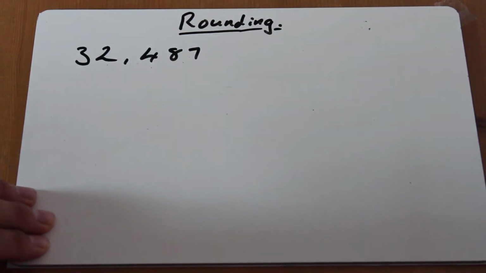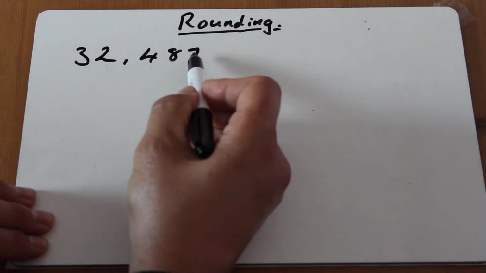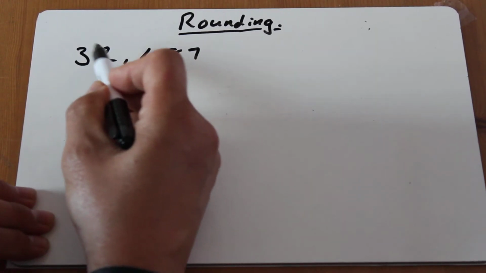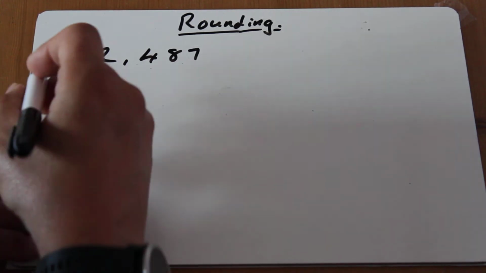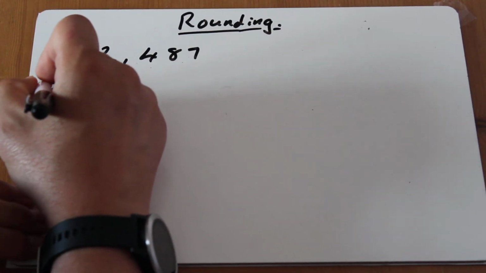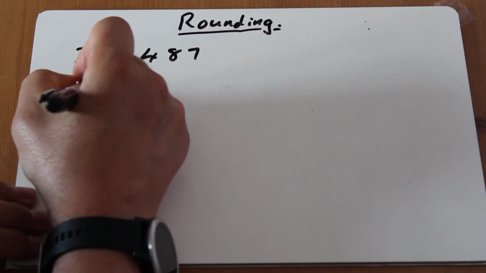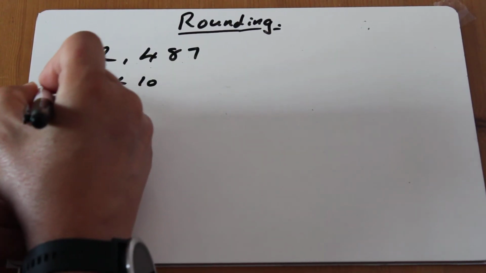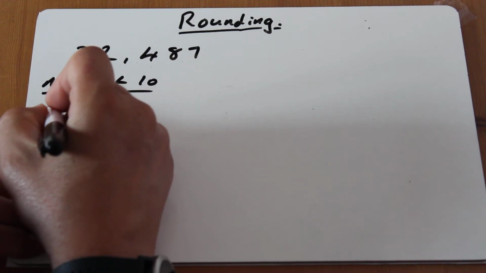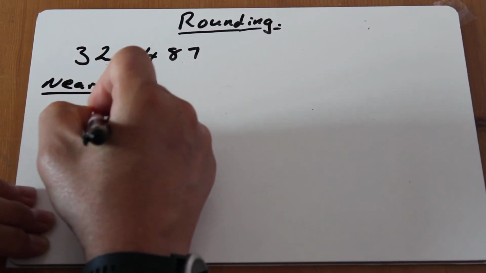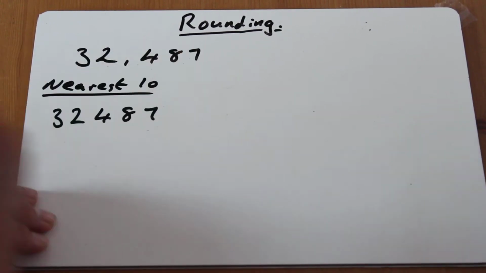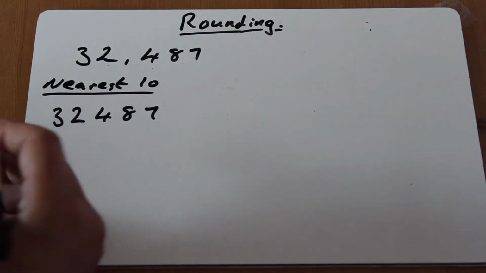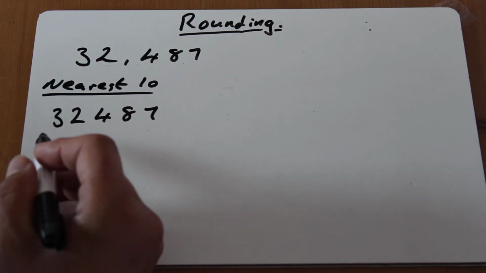All you need to remember for this is the column headings: units, tens, hundreds, thousands and tens of thousands. So if we wanted to write to the nearest 10, what we do is we take our number 32487 and we go one beyond the column that we're looking at.